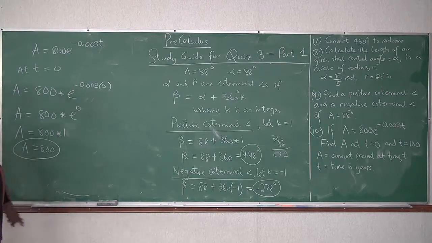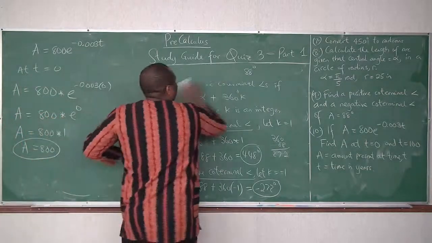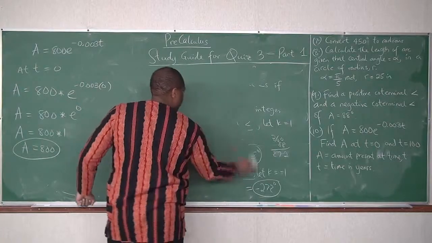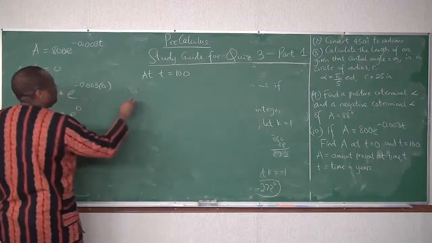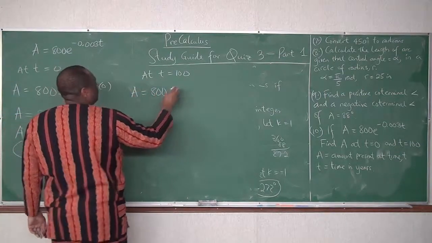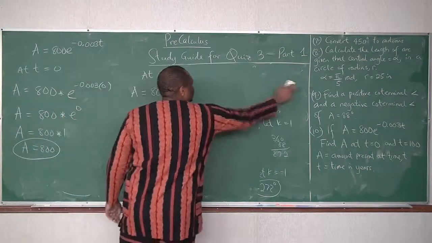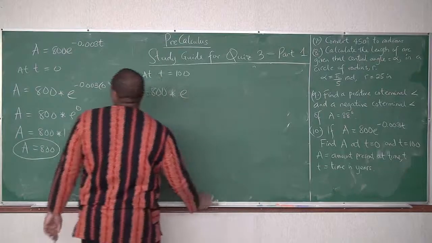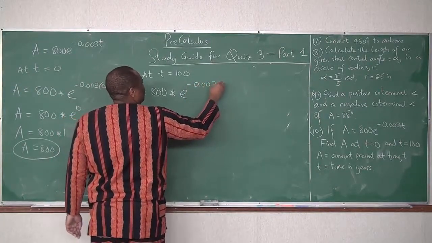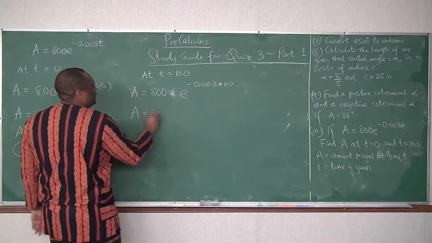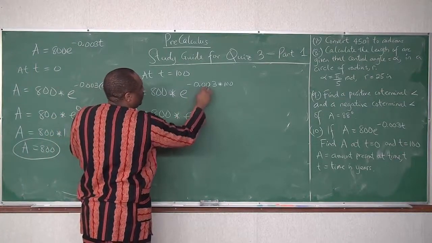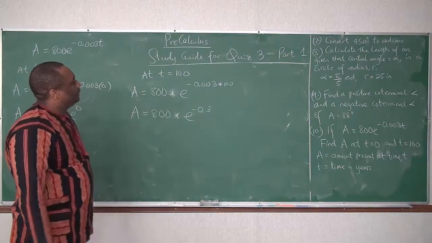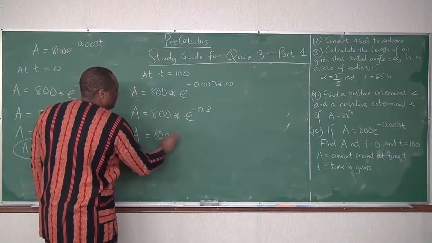Now let's find A at T equal to 100. A will be 800 times E raised to negative 0.003 times 100, which is negative 0.3.